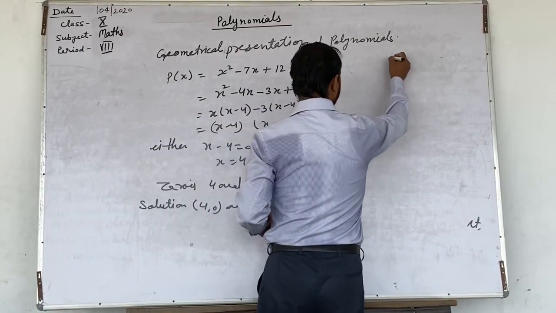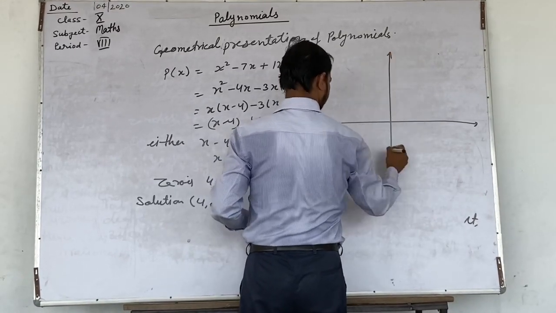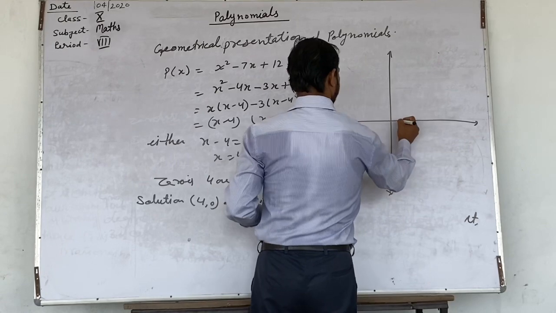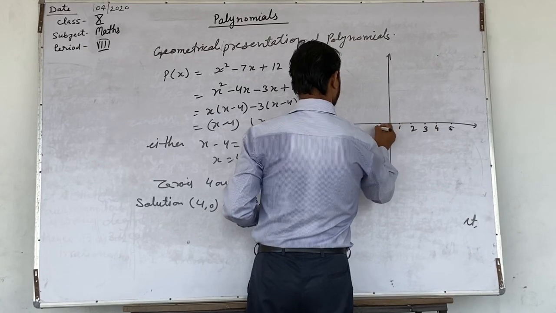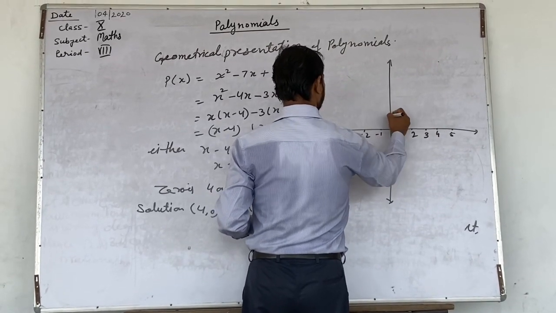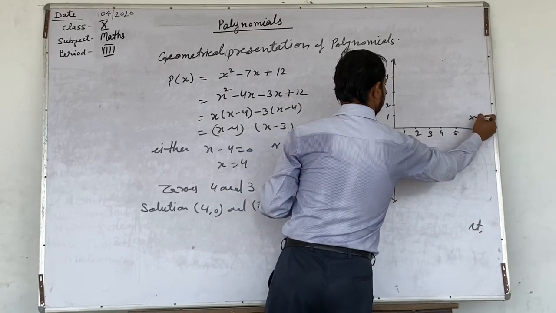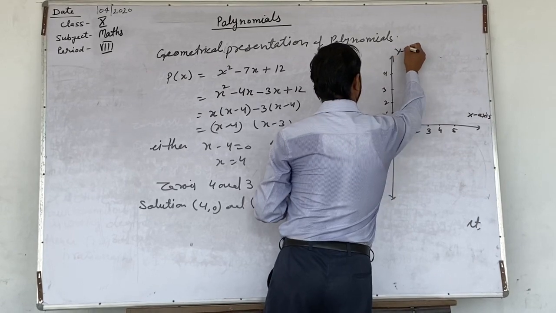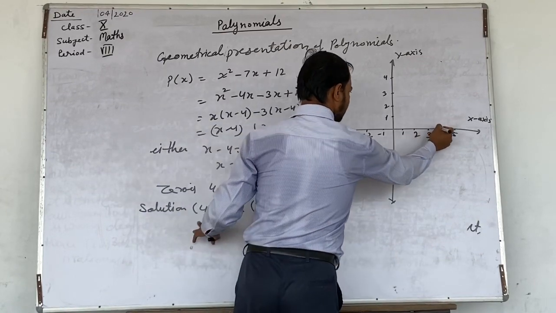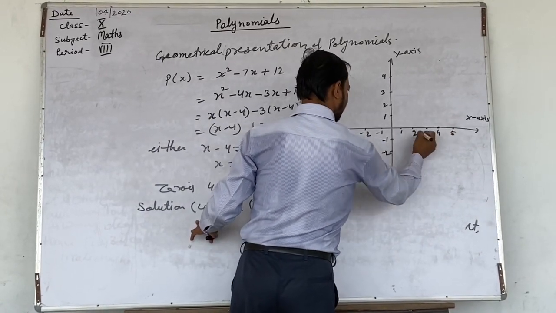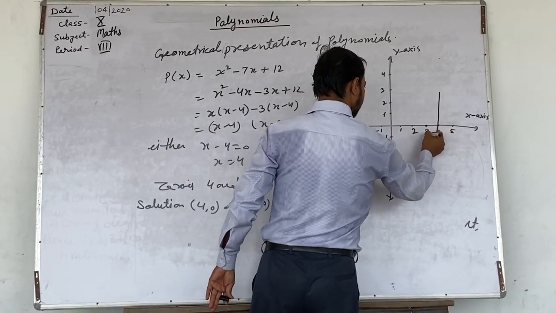Now when you draw the graph for this, x is 4, 0 is this point, 3, 0 is this point.